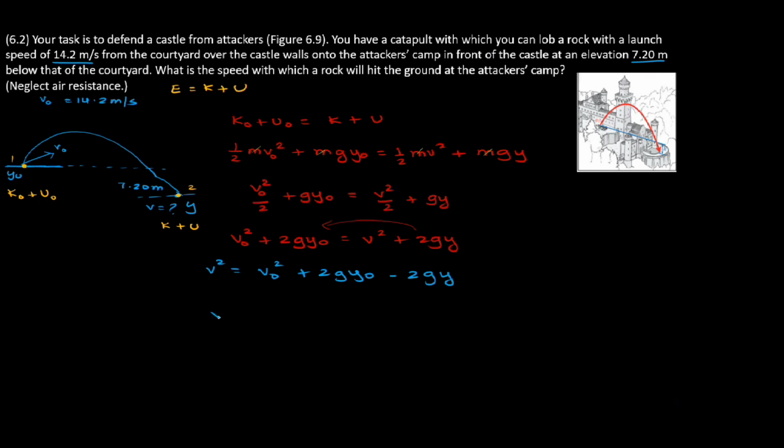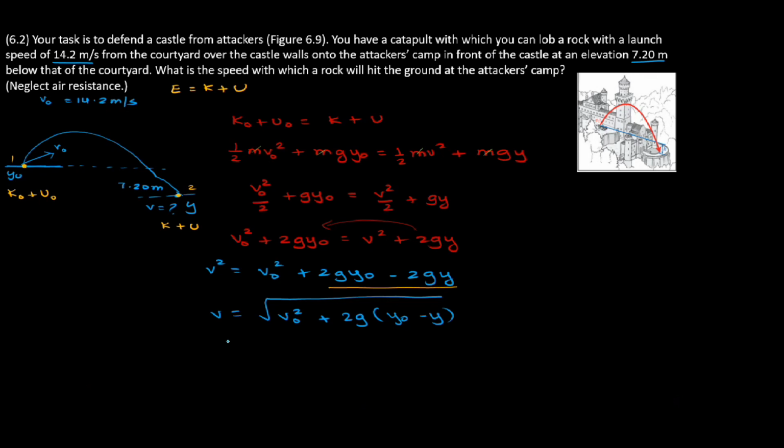Then to find v, we will take the square root of the whole term: square root of v naught squared plus 2g. 2g is common in these two terms, so I will take that outside as common and then put a bracket, writing y0 minus y.